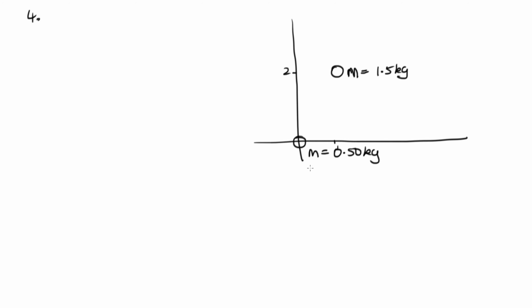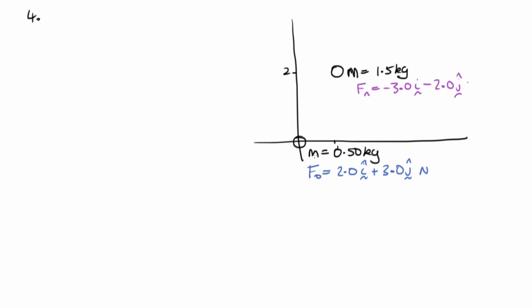So on this olive, we have a force which is equal to 2.0 i plus 3.0 j newtons. And on the Brazil nut, we've got a force equal to minus 3.0 i minus 2.0 j.